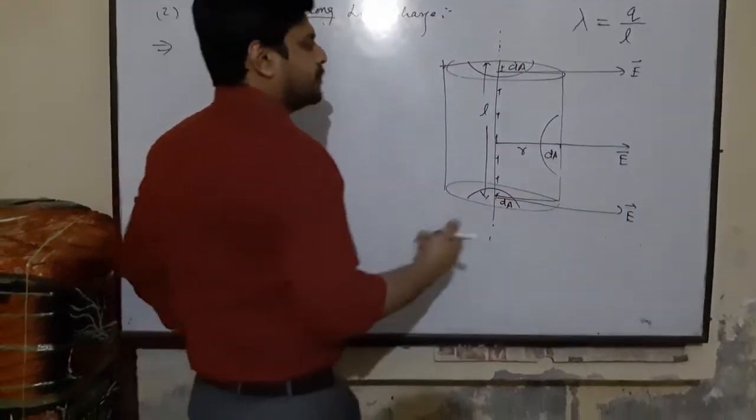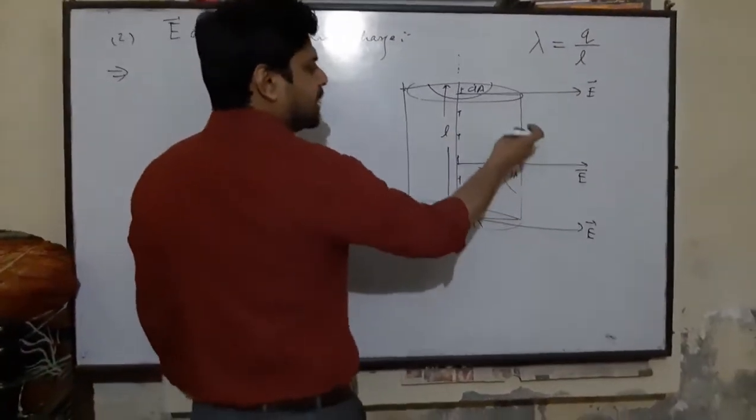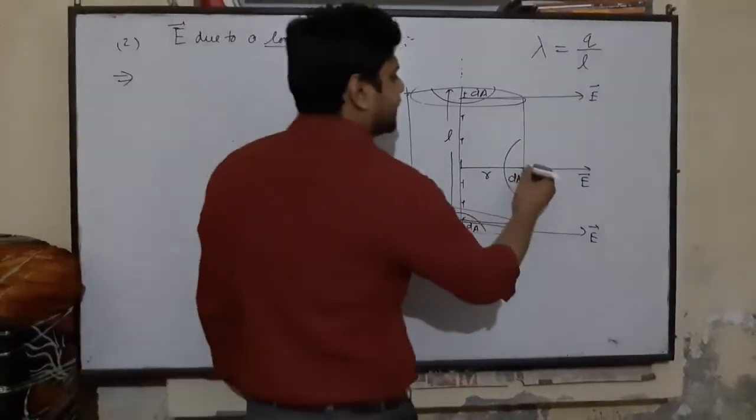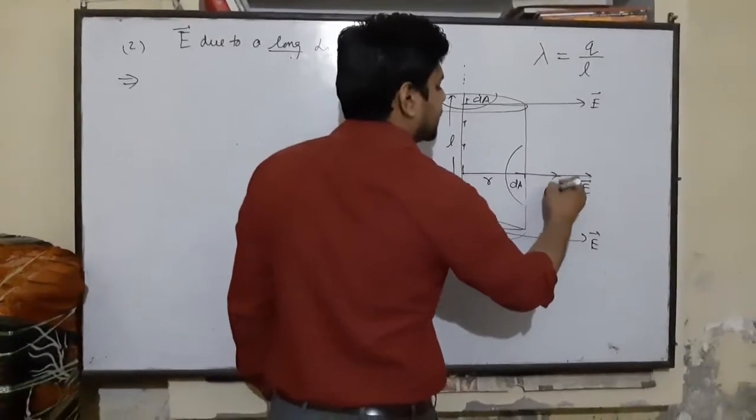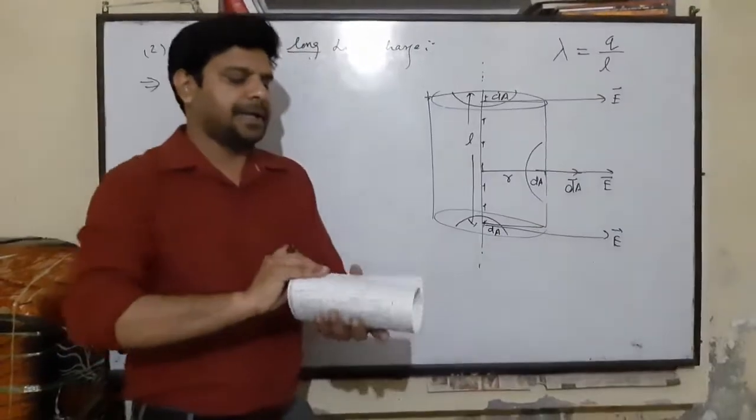Now we have to mention the direction of the area vector. For this small area element dA, the area vector will be perpendicular to the surface in the outward direction.